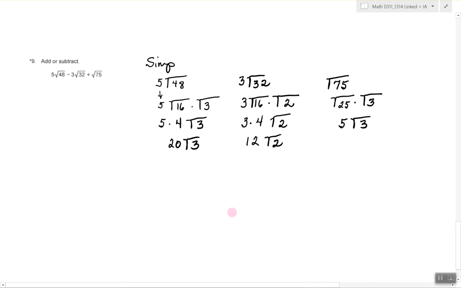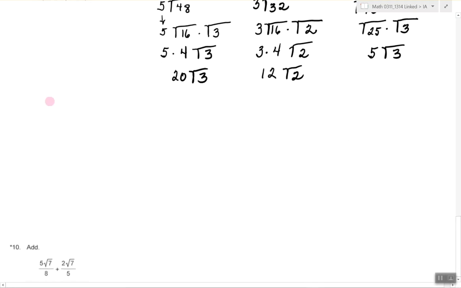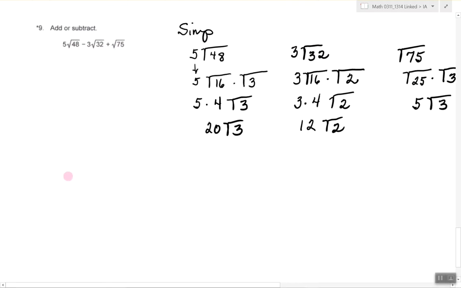Coming back to my problem, I'm not making it minuscule. There we go. I have 20 times the square root of 3, minus 12 times the square root of 2 plus 5 times the square root of 3.